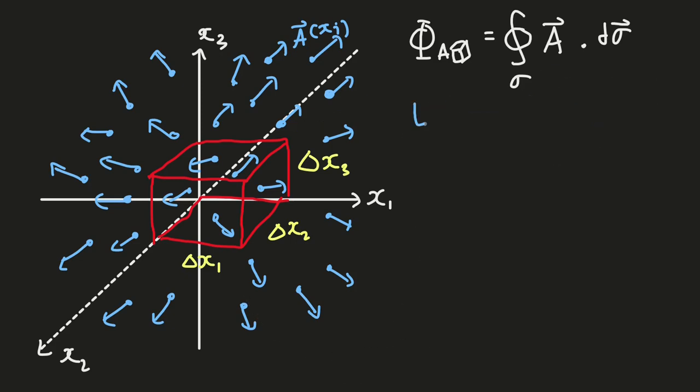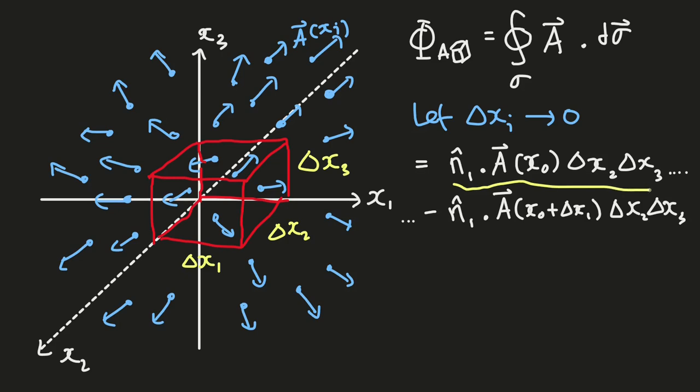So for another notation, I denote the integral with a circle, known as a contour integral, which relates to closed hypersurface integration. Now if we let delta xi approach 0, which can be extended to higher dimensions, for the first two terms I have this. Notice that the first term at x0 is the vector field at the position of the n1 surface.